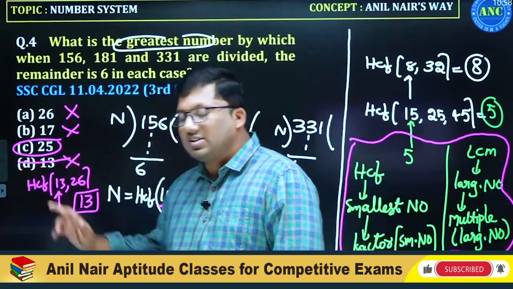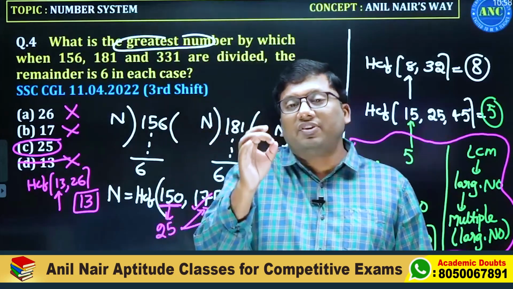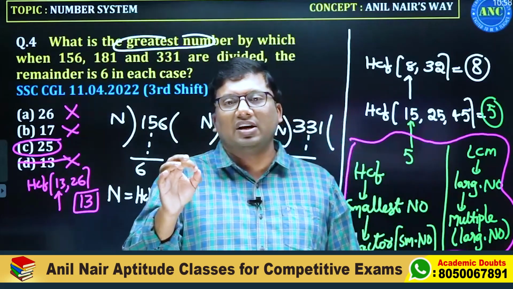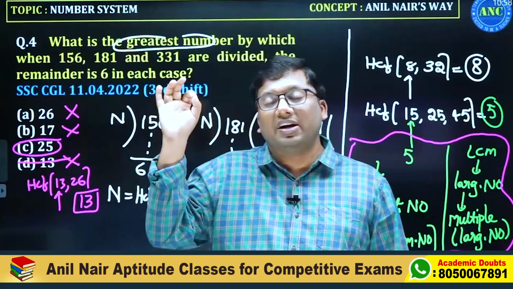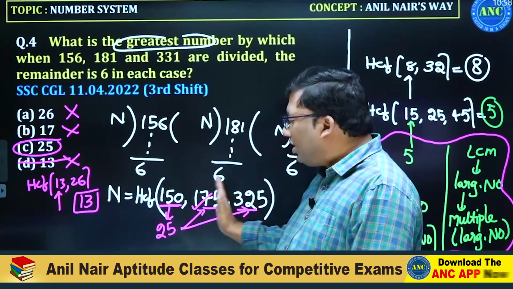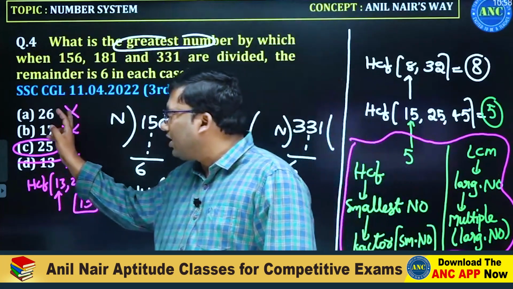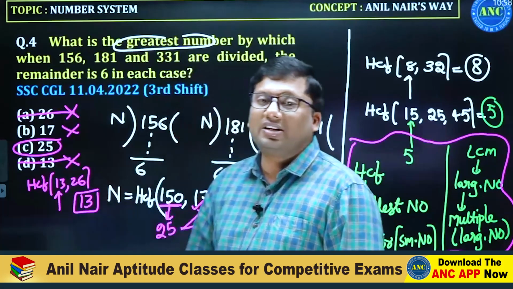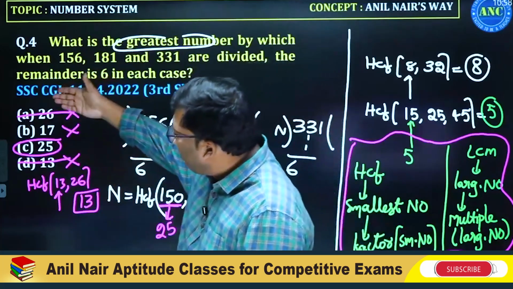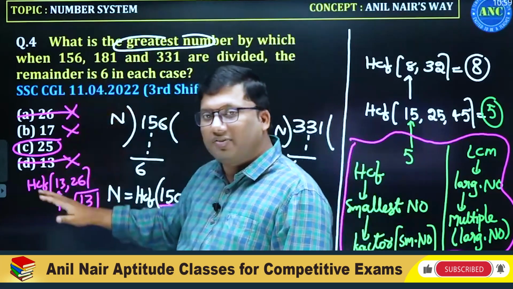So 13 is eliminated. If 13 is not possible, how will 26 be possible? 26 is derived from 13.